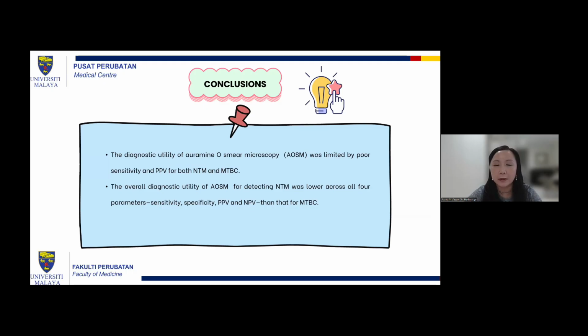So what does this mean actually? How does this impact the clinical management of patients with suspected mycobacterial disease when you get a positive Auramine O result or a negative Auramine O result?